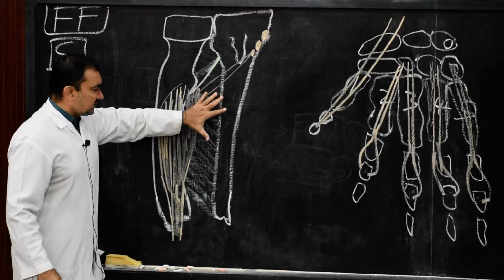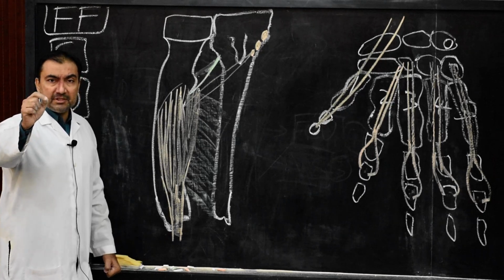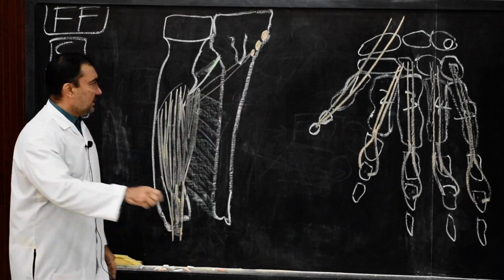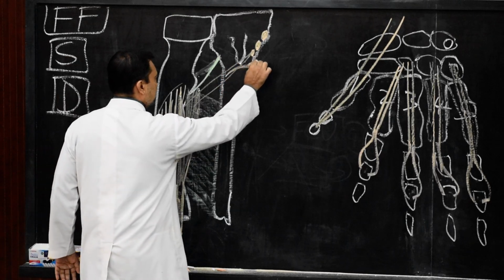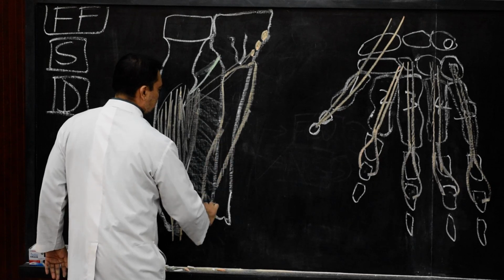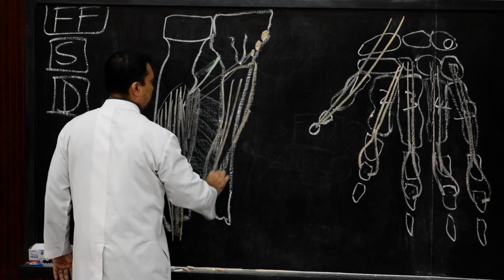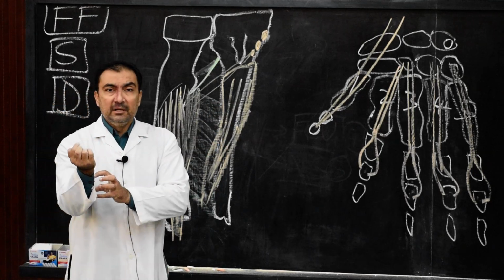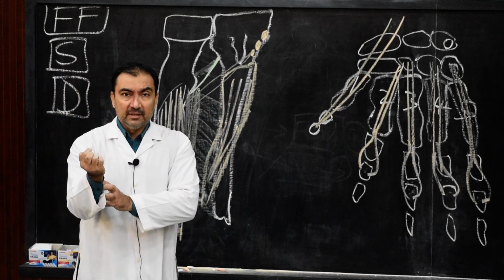Flexor digitorum profundus, once again, first point, it will take origin from the anterior and medial surface of the upper 3/4 of the ulna. This is the point of origin. It will form the bulk of the front of the forearm, the bulkiest muscle.